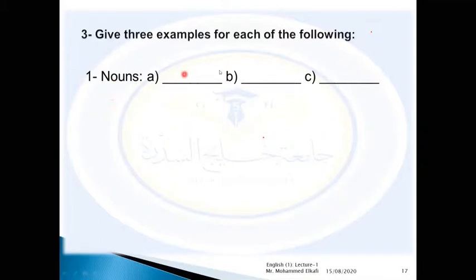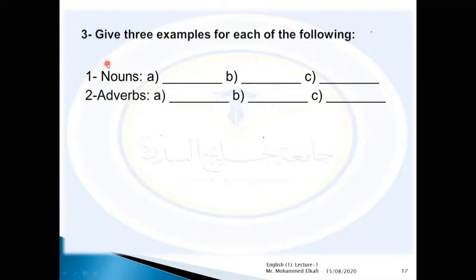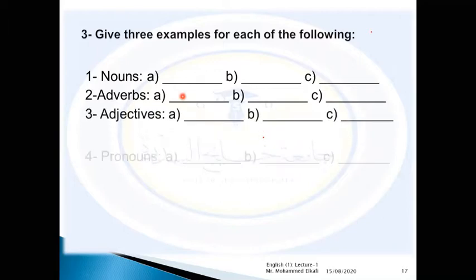Any 3 you can write here, just 3 examples for nouns. Adverbs, you can say quickly, usually, yesterday, Y-E-S-T-E-R-D-A-Y. If you return to the topics about adjectives, you will find some examples. Here I want 3 for each: adjectives, pronouns, and interjections.